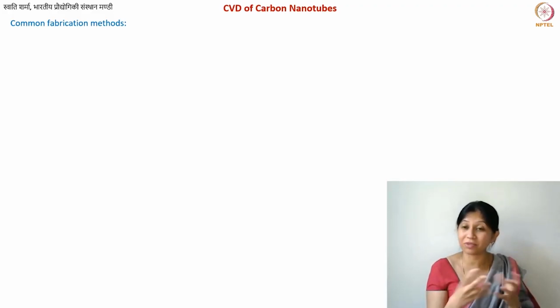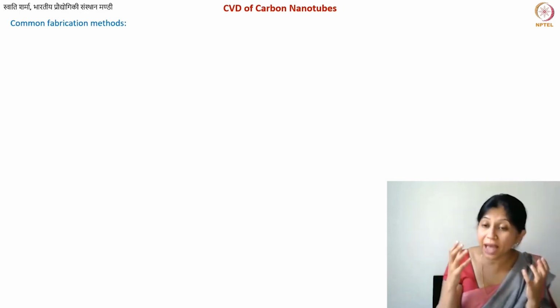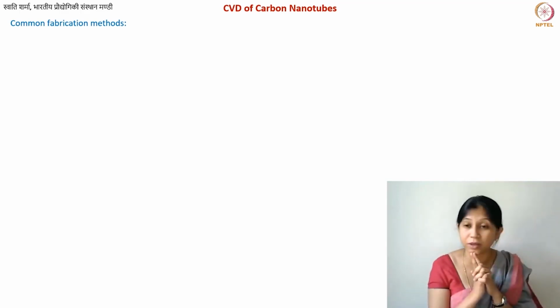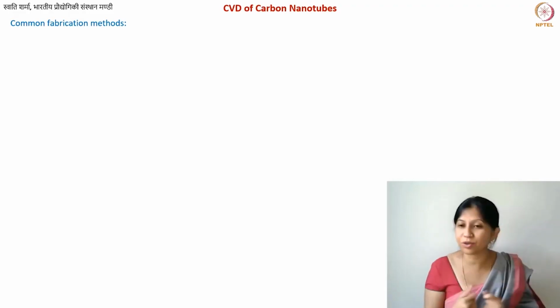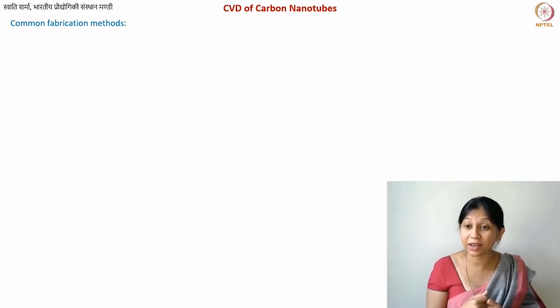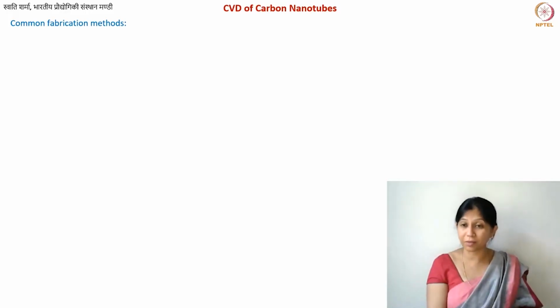So similarly, we can try out some processes where we have artificially induced impact or artificially induced high energy processes. Plasma comes to your mind, lasers come to your mind, right? Whenever we talk about these high energy processes. So yes, we can also perform these things and obtain some carbon nanotubes.